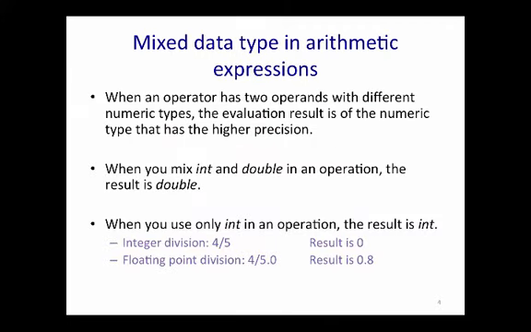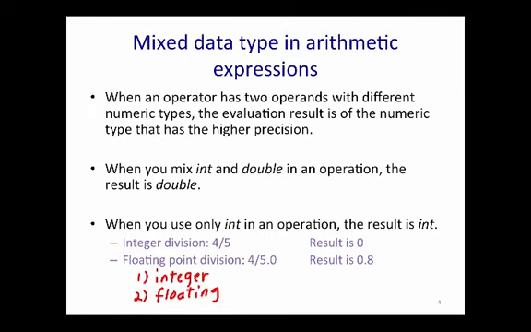The next thing we're going to talk about is mixed arithmetic. We've already stressed the importance of looking at the two operands that are associated with an arithmetic operator when determining what type of arithmetic gets performed. There's two types of arithmetic that can be performed: integer arithmetic and floating point arithmetic.